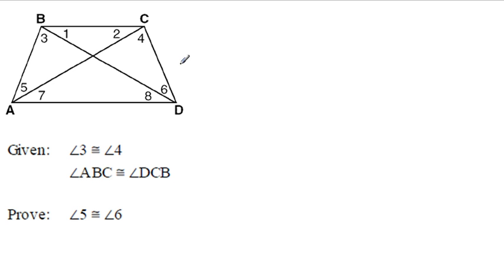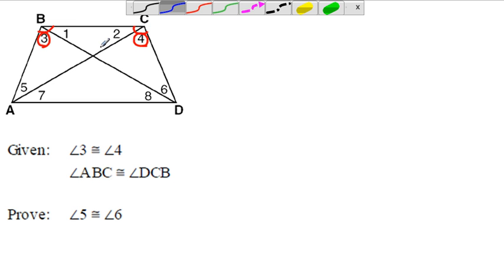Here we have angle 3 is congruent to angle 4. So this angle is congruent to this angle. And then angle ABC, the entire angle, is congruent to DCB, the other entire angle. You see, as soon as we realize that, we can reason out also that this angle must be congruent to this angle by the subtraction postulate.